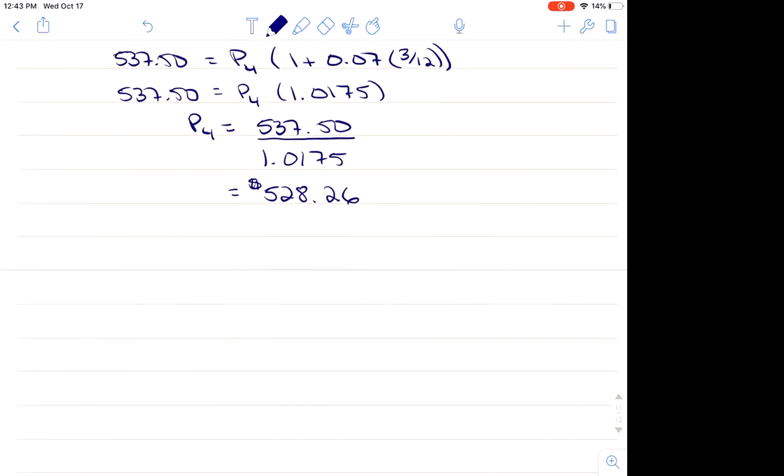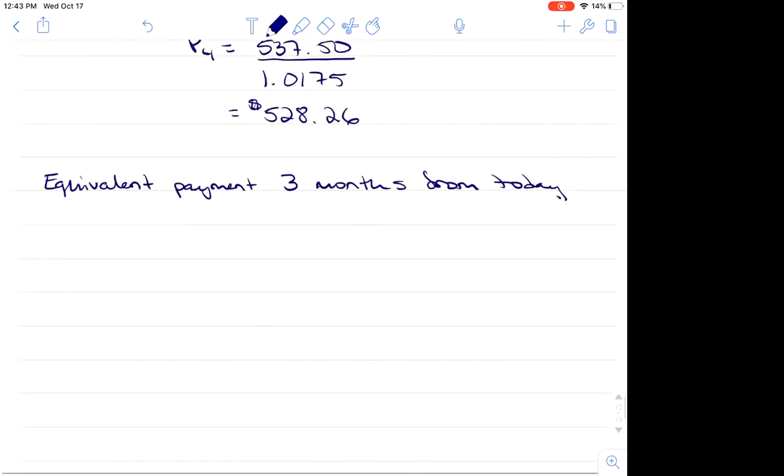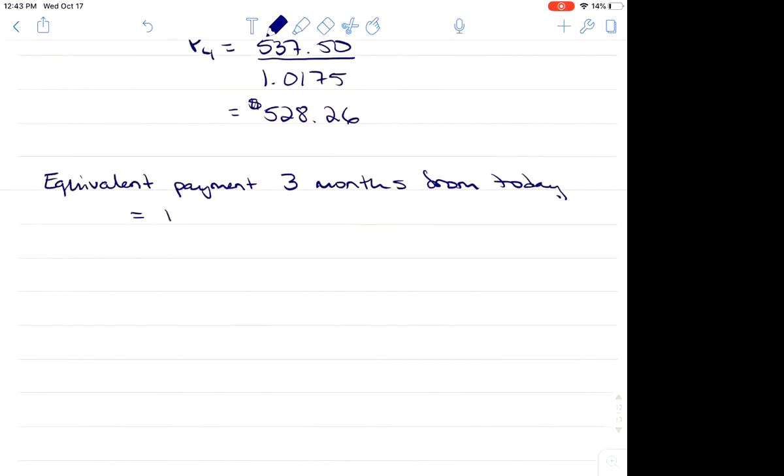So instead of paying back in 5 and 10 months from the agreement date, she's saying, from today I'll just pay you back one lump sum. So the equivalent payment 3 months from today is going to be future value 3 plus present value 4, principal 4.